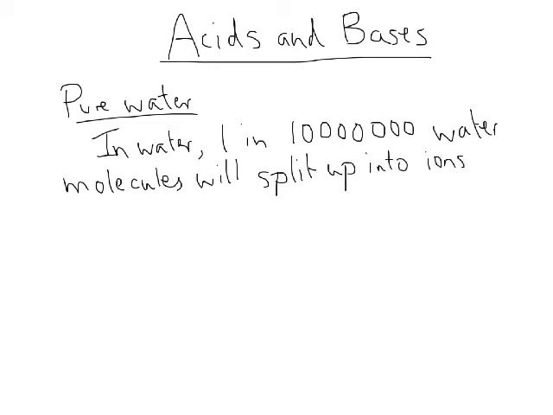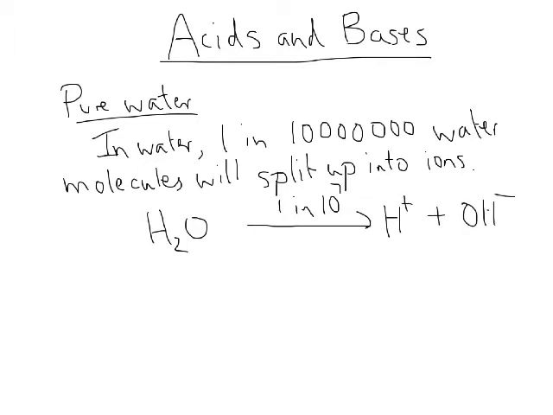What that basically means is with water, 1 in 10 million, which is 10 to the power 7, will split up into an H plus and an OH minus. The rest will stay stuck together. We say water has a pH of 7, because it's 1 in 10 to the power 7.